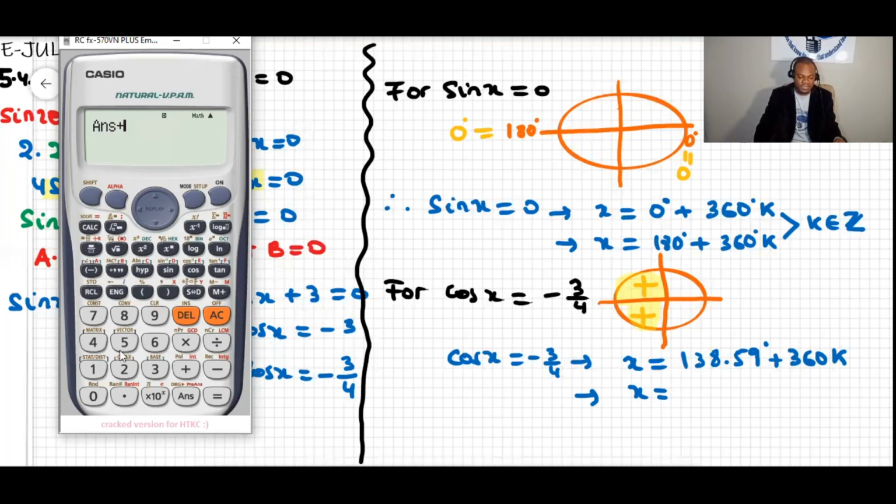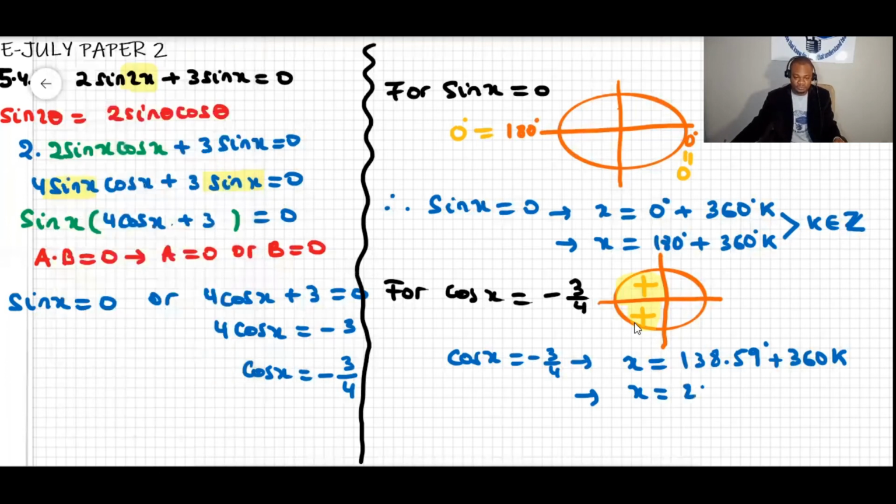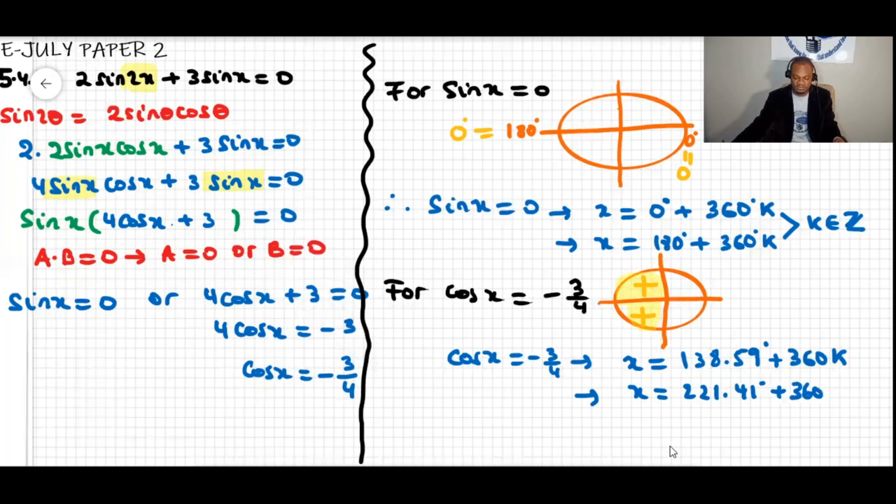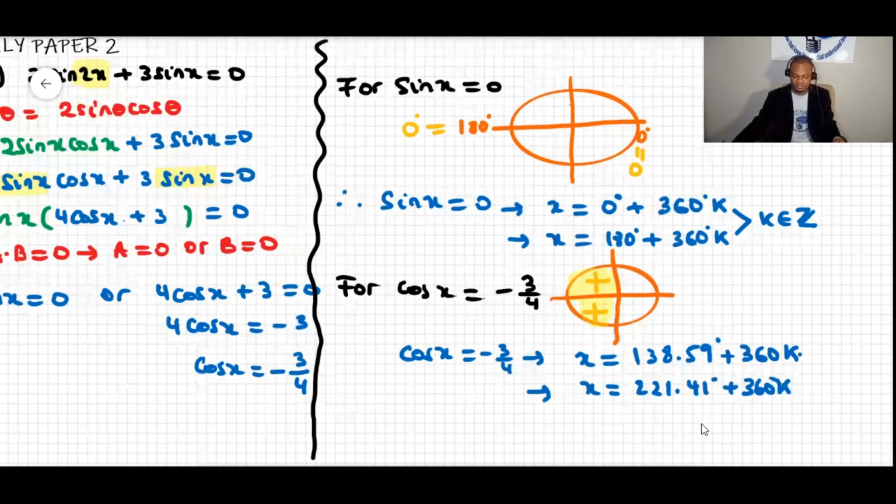So now here I want to say plus 180, and then I got 221.41, meaning in the third quadrant where cos is negative, the angle will be 221.41 degrees plus 360 k. K is still an integer.